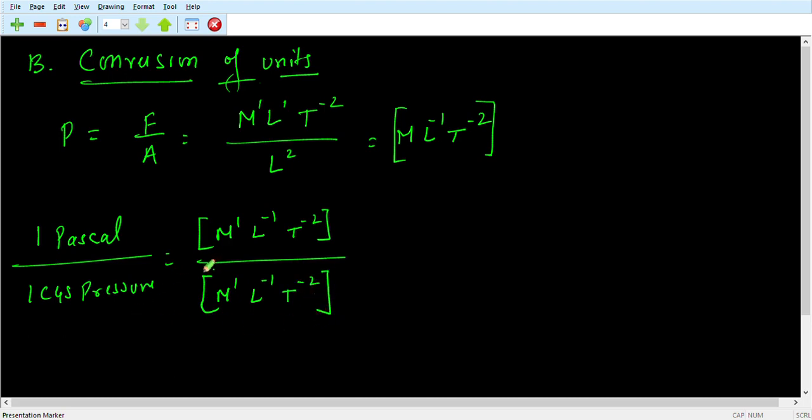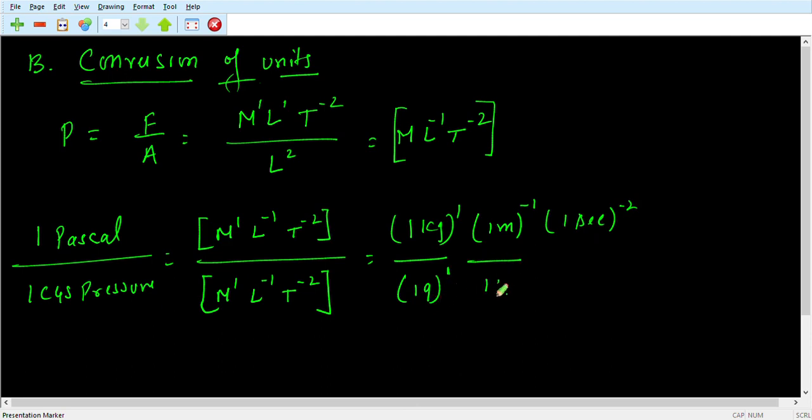Because whether the value is expressed in SI unit or CGS unit, the physical quantity is pressure itself. So in SI unit, mass is taken in kg, so 1 kg to the power 1, length in meter, so 1 meter to the power minus 1, time in second, so second to the power minus 2. In CGS, mass is taken in grams, so 1 gram to the power 1, 1 centimeter to the power minus 1 and 1 second to the power minus 2.